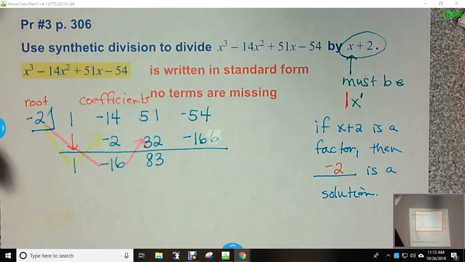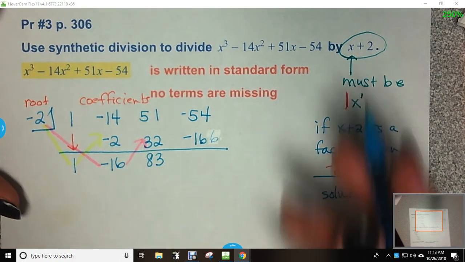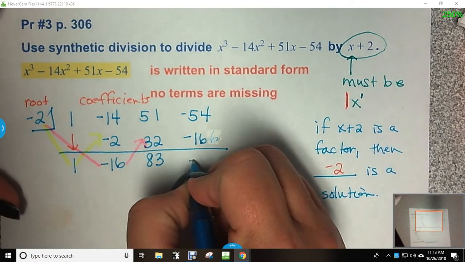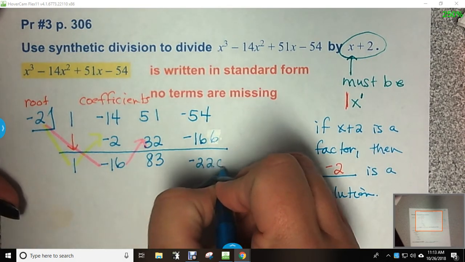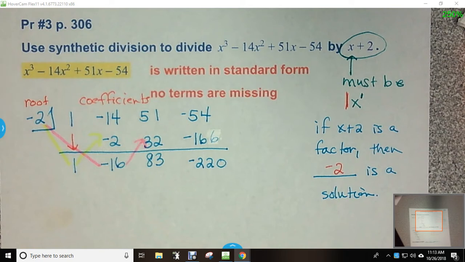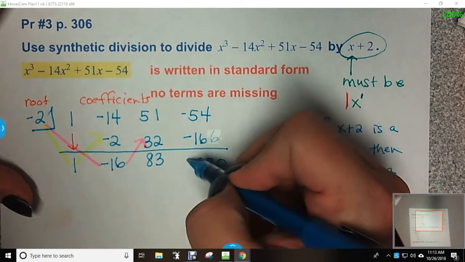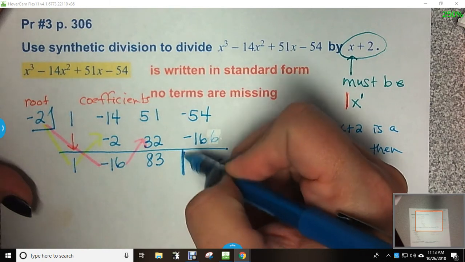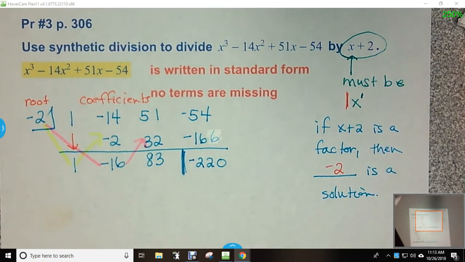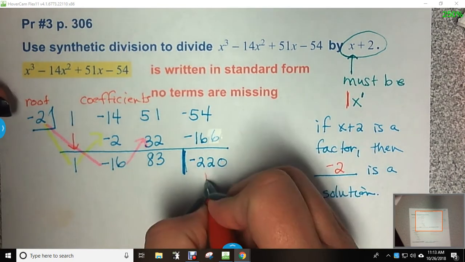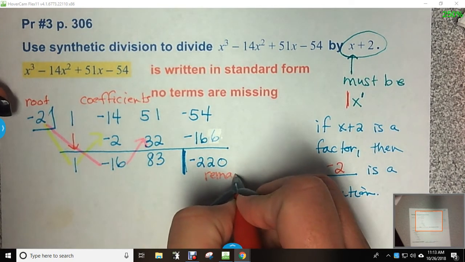There we go, negative 166. Add that column together, I get negative 220. So now, here's what I need you to do. Right before that last number, draw this big heavy bar here. That number that comes after that bar, the very last thing, that is going to be your remainder.